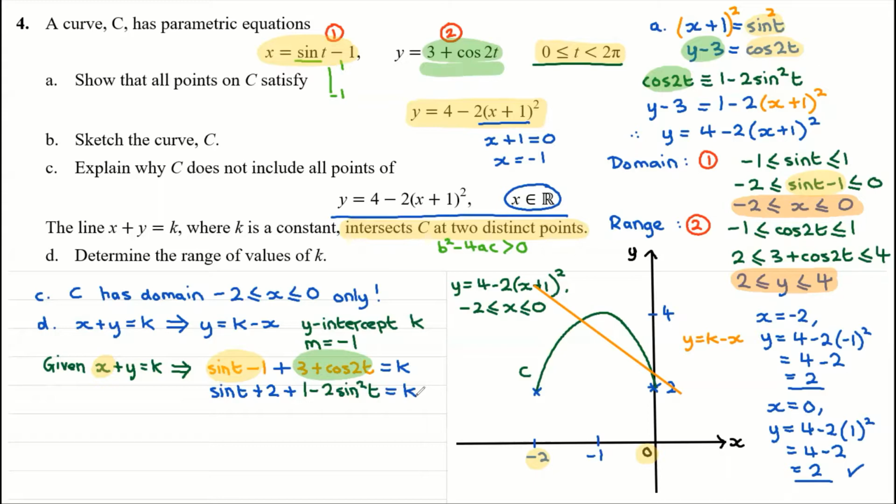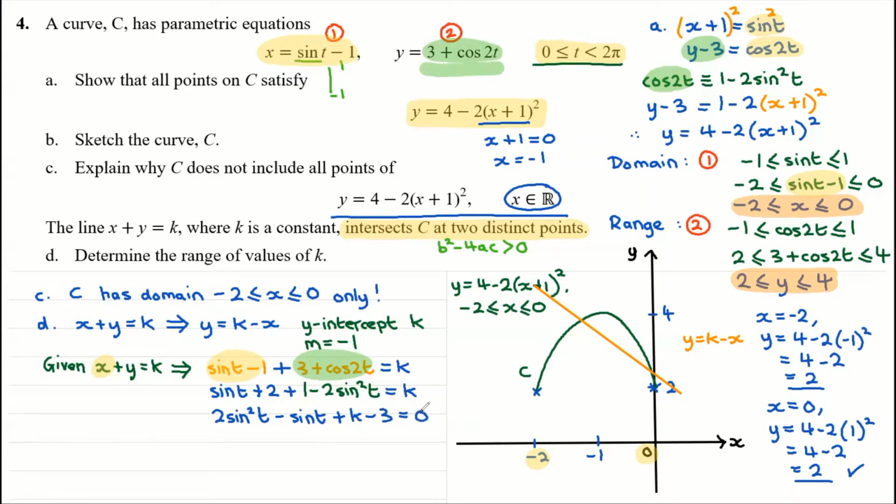Now, putting all this together and rearranging, we're going to get 2 sine squared t. Okay, I'm just putting all this together on one side. Subtract sine t. And then just putting the constants together, I've got +3 on the left-hand side, and combining that with the k on the right-hand side, that's going to give me plus k subtract 3 must all equal 0.